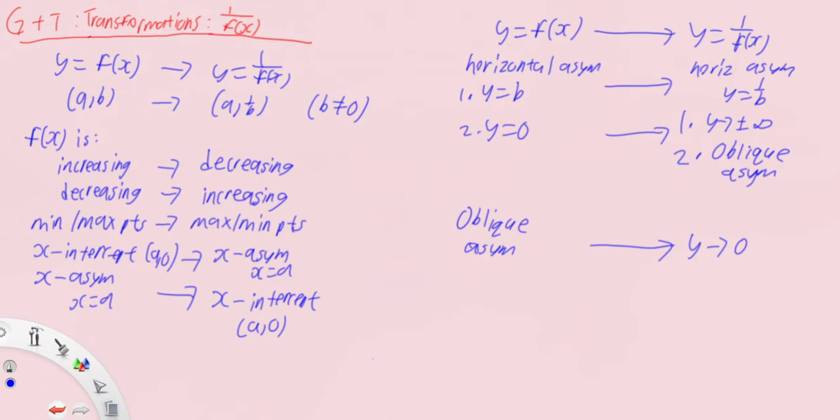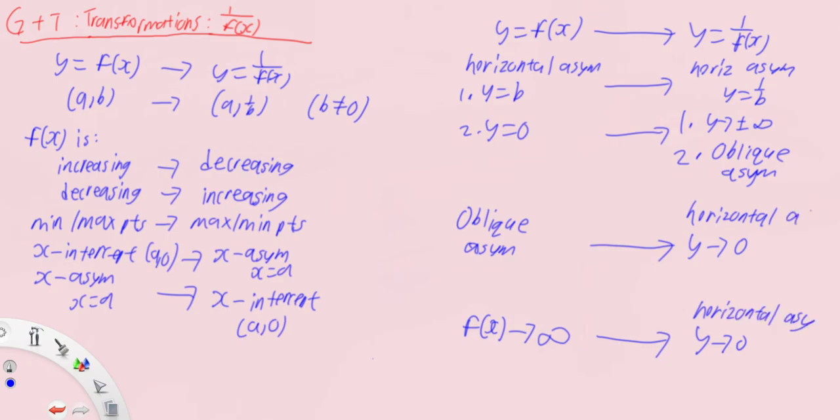Now, there's one last part. If f(x) approaches infinity, that means our denominator gets larger and larger, and our value of 1 over f(x) will approach 0 as well. Therefore, we have horizontal asymptotes y equals 0 in a few cases: when we have an oblique asymptote, and the basic idea when f(x) approaches infinity.